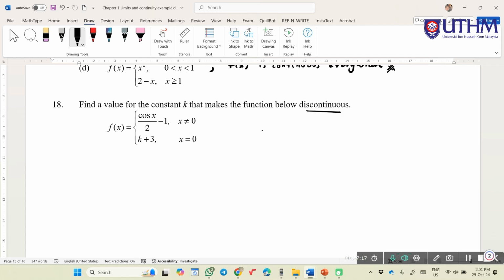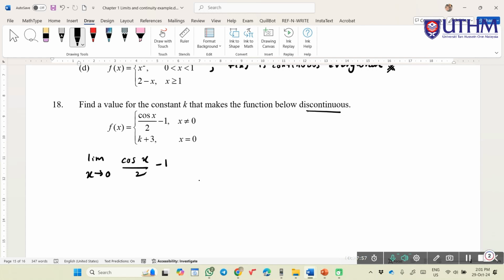If the function is continuous, since the end of the interval point is x equals 0, we need to check only at x approaching 0. So x approaching 0, cos x divided by 2 minus 1. We need to check this.